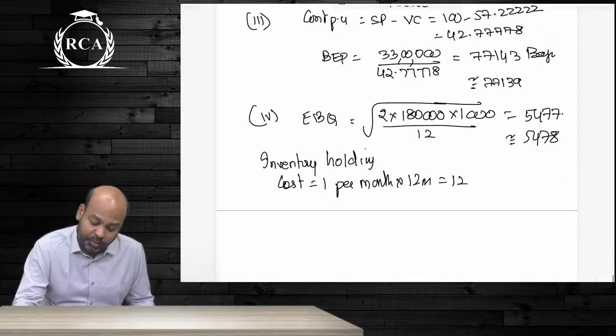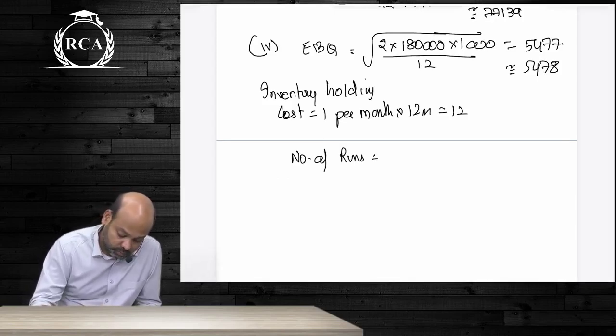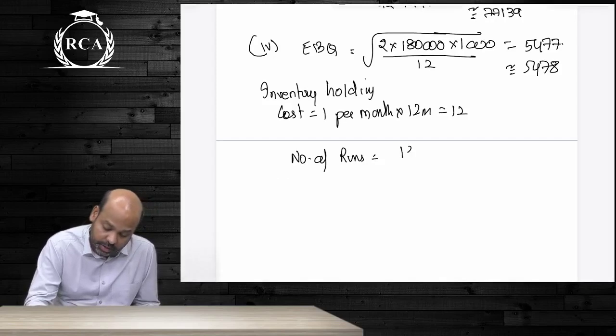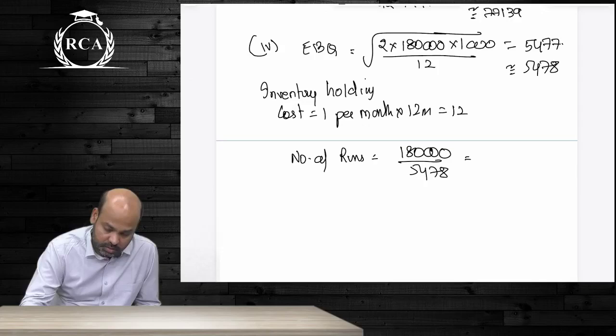What will be the number of production runs beta? 1,80,000 divided by 5478 कितना है 8, that is 33 runs.